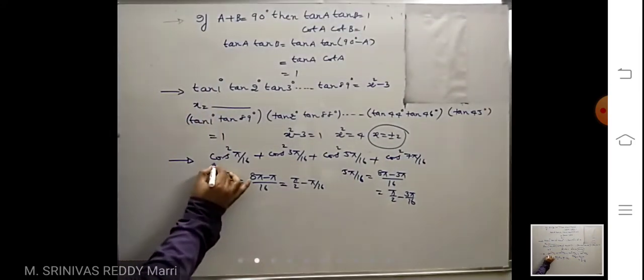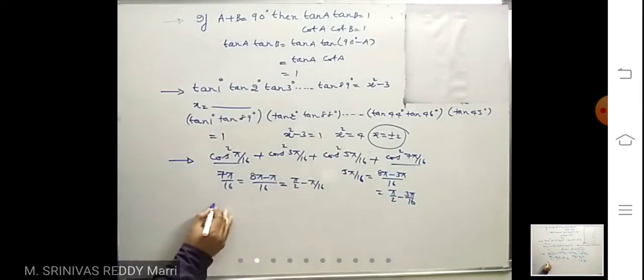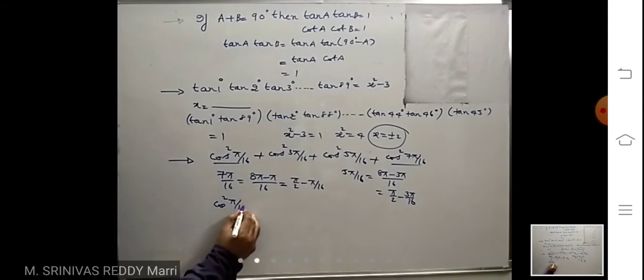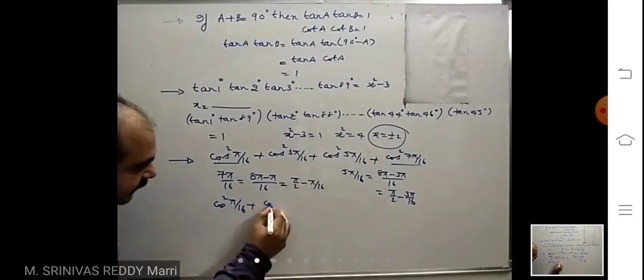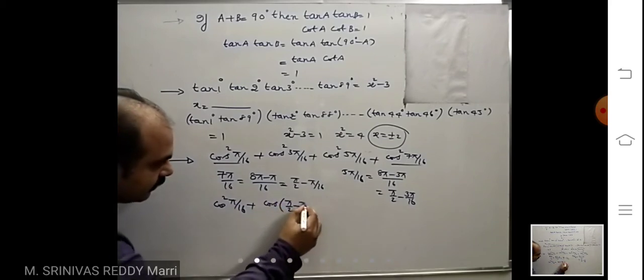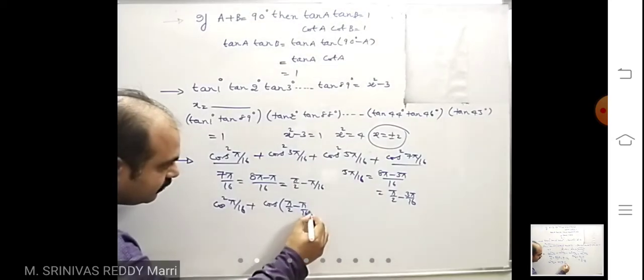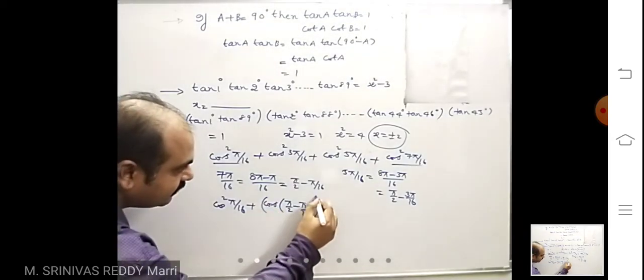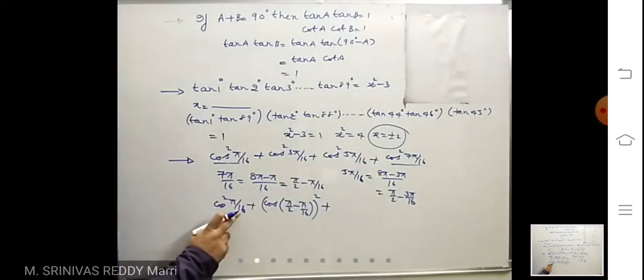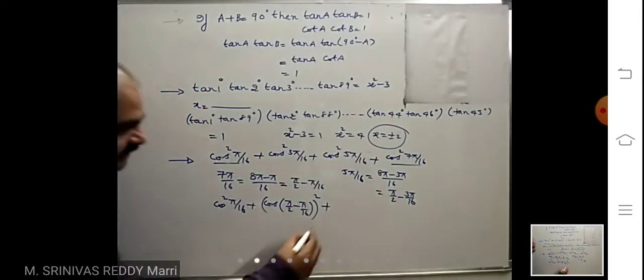Now club this and this. Cos squared pi by 16, and last one, cos squared of pi by 2 minus pi by 16, whole squared. I have clubbed these because they are complementary angles. This will convert into sine.